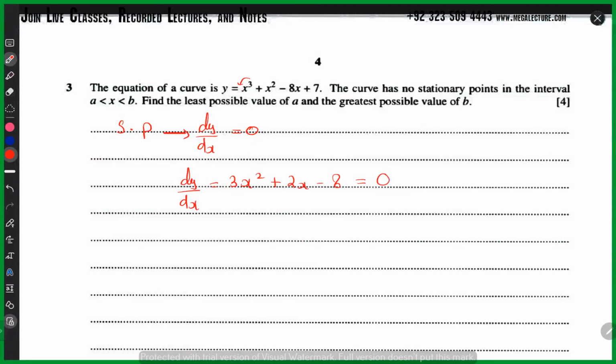I've differentiated this and equated it to 0. Next I need to figure out the values of x in order to simplify this. So this would give me 3x squared plus 2x minus 8 equals 0. Now at this point, you can try factorizing it, or you can do it by the quadratic formula. So please tell me the two values you get for x. This is just a simple quadratic equation.